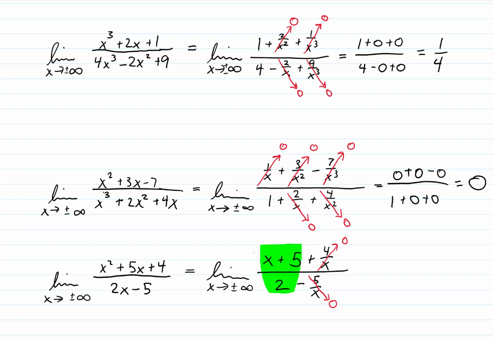The denominator is staying the same, but the numerator will get infinitely large, which means the fraction will get infinitely large, which means that this limit is either infinity or negative infinity.